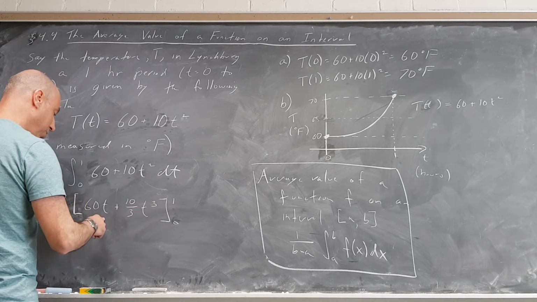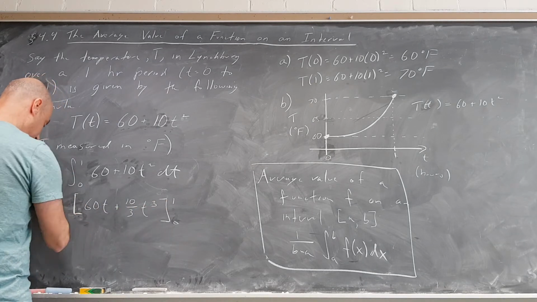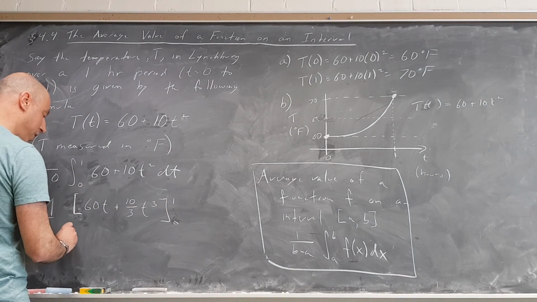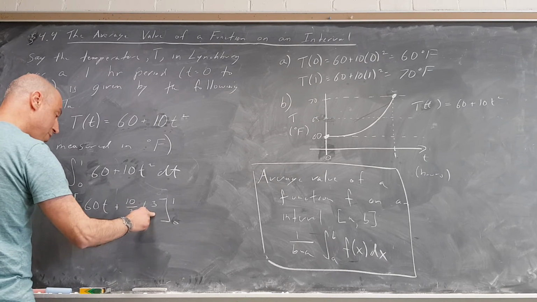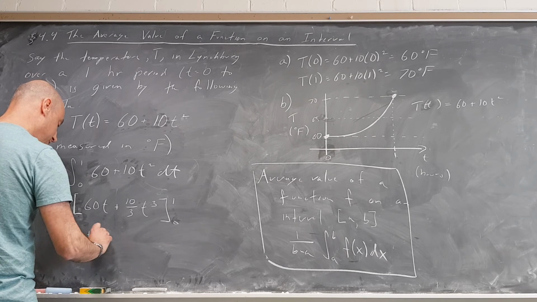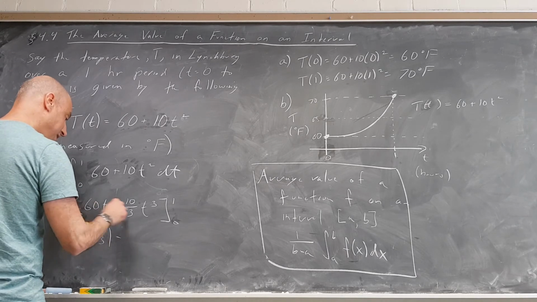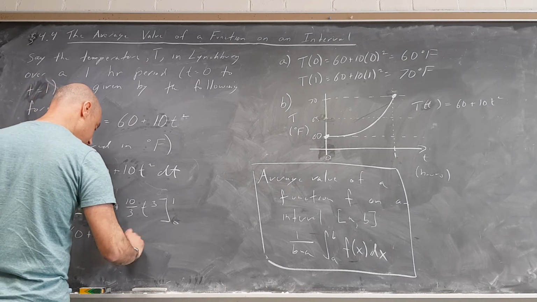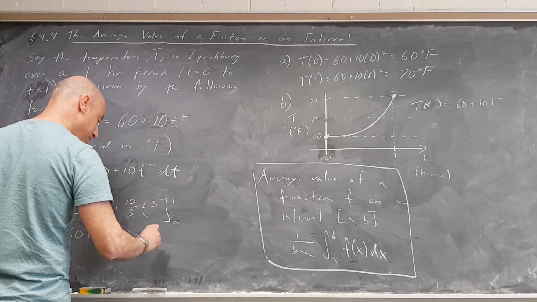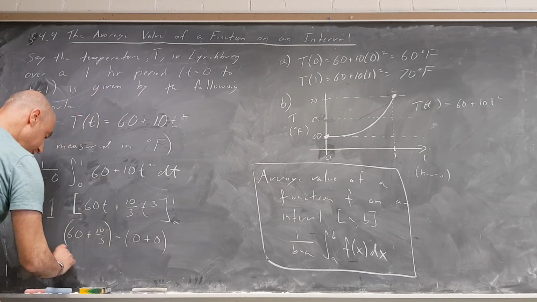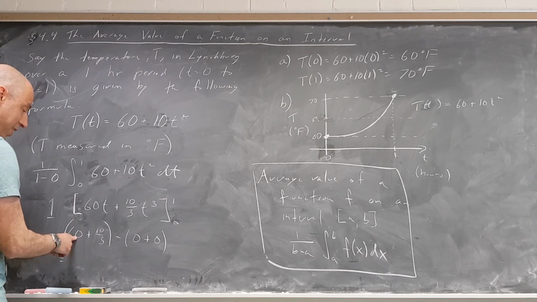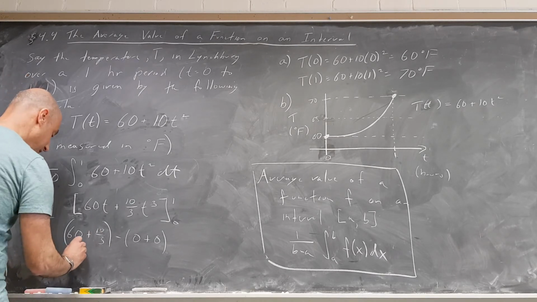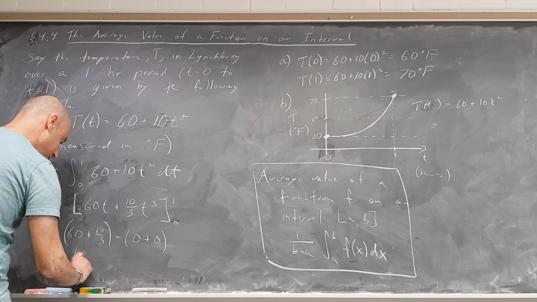So if you plug t equals 1 in here, you end up with 60 times 1 plus 10/3 times 1, minus 60 times 0 plus 10/3 times 0. And so what we have here is 180 plus 10/3, 190 over 3.